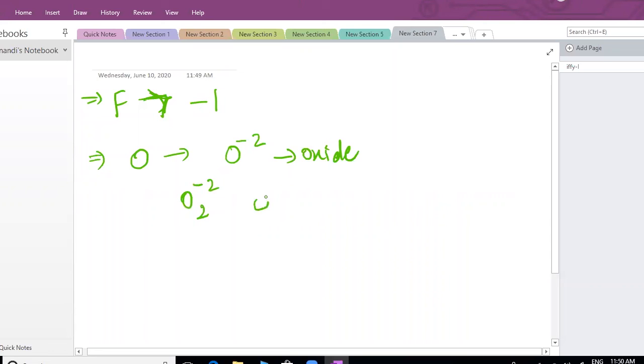This we call peroxide. Already at that time also I gave it, which has an oxygen-oxygen bond. That we call peroxide. Oxygen -1 in O2 -1, this we call superoxide.